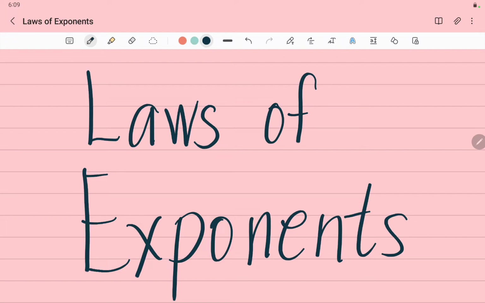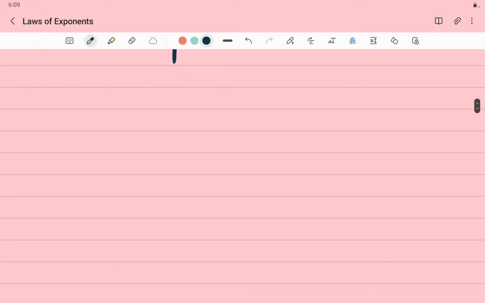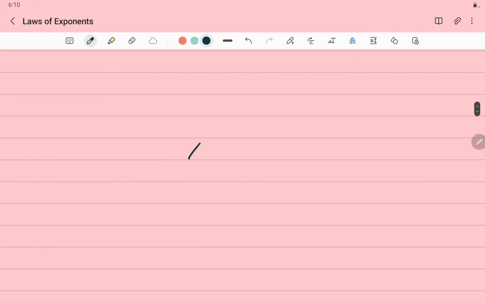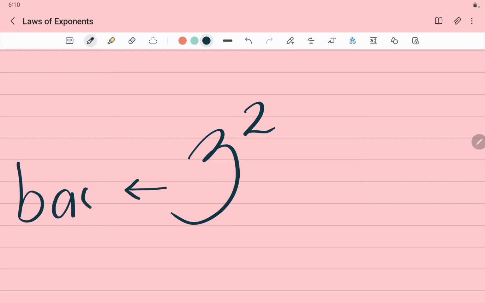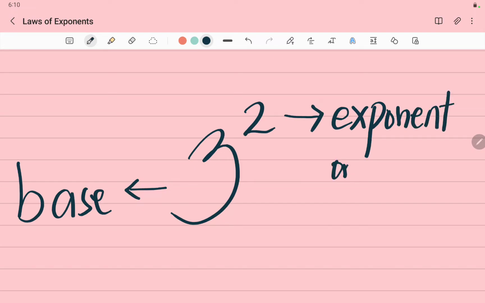But before that, make sure that you remember that in an exponent, for example 2 squared, we call the bigger number the base, and the smaller number in the upper right of the bigger number is our exponent or power. So always remember that, students.